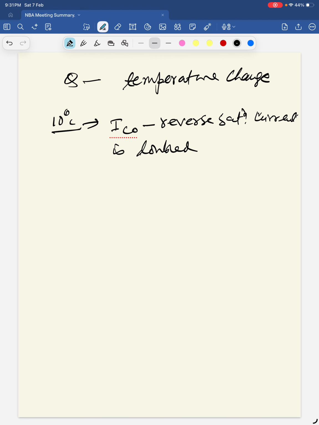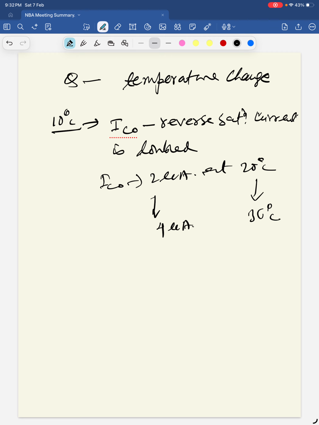Suppose ICO is 2 microampere at 20 degrees centigrade, say for example. Now if it increases to 30, that means a 10 degree rise, it will be 4 microampere. So it will be doubled.